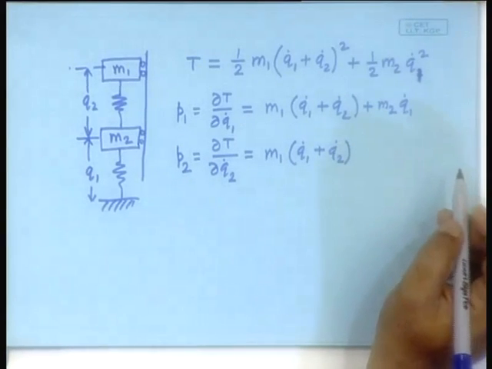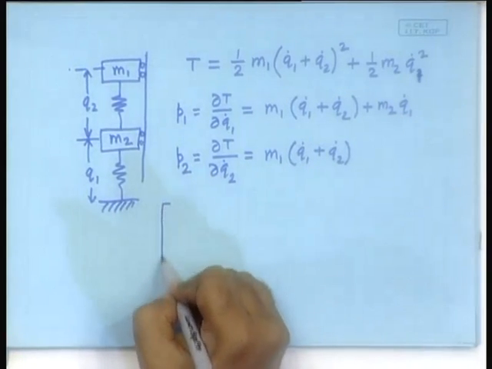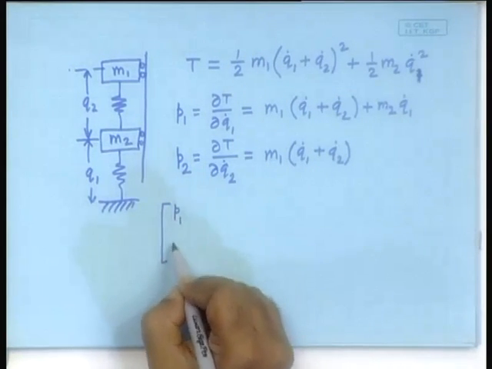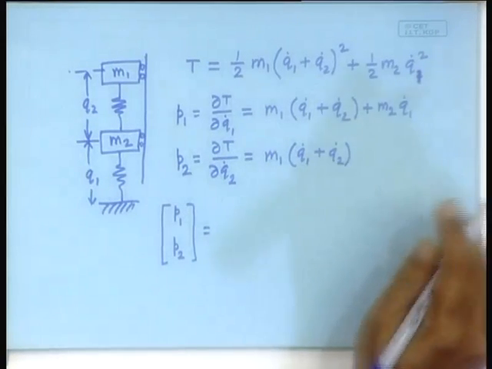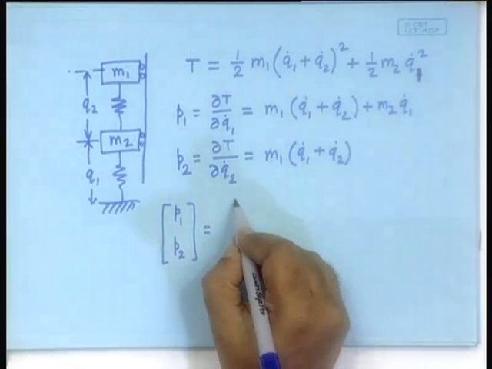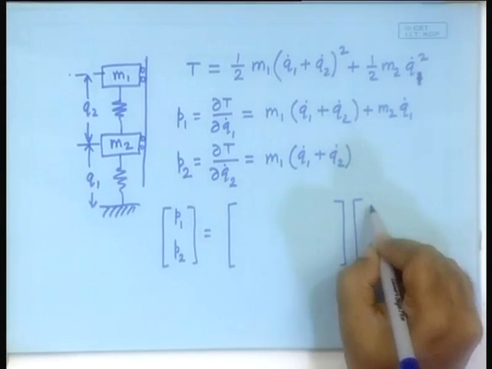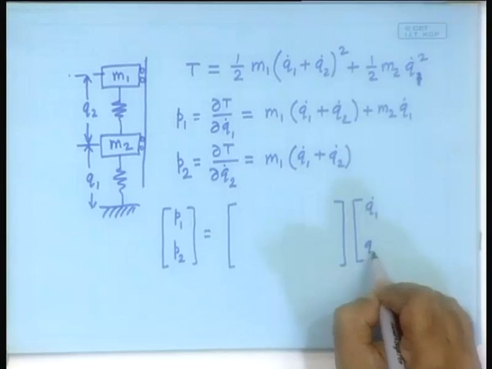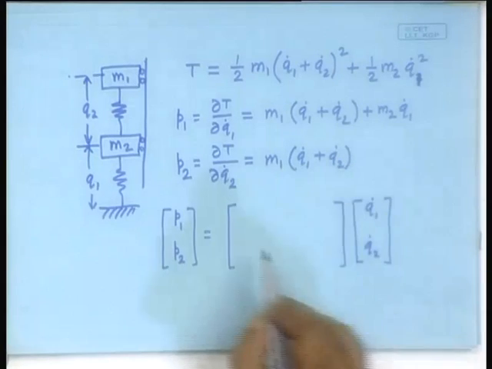Fine, which means again P1 P2 as a vector becomes related by some kind of a matrix to the two flows. These are the flows, right. So, what is the matrix?